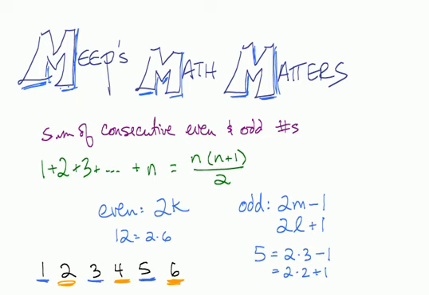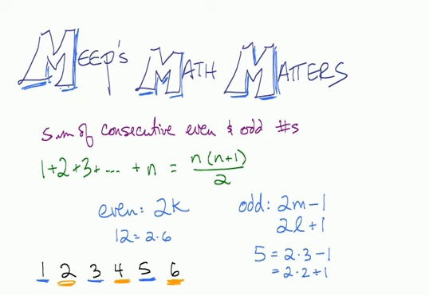Okay, so go back to this n times n plus 1 over 2. If n is even, then no problem, you can divide by 2. N is either even or odd, so if it's even it works. If n is odd, then n plus 1 has to be even. Think about that, and then you can divide by 2. In any case, it works.